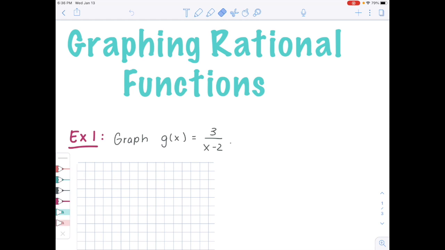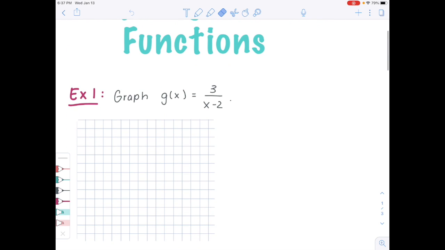Now that we know how to find asymptotes and how to find holes, we're going to actually graph rational functions today. So if you look at that first example, g of x equals 3 over x minus 2, we're going to graph it by hand. The first thing we want to do is find the y-intercept.